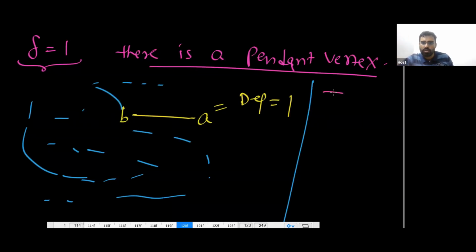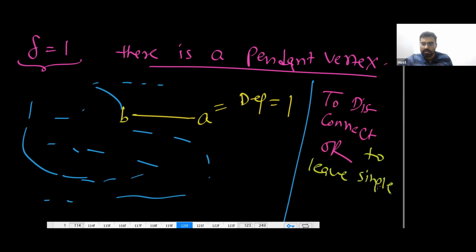So either you disconnect the graph or you leave a single vertex. For this, just remove B.